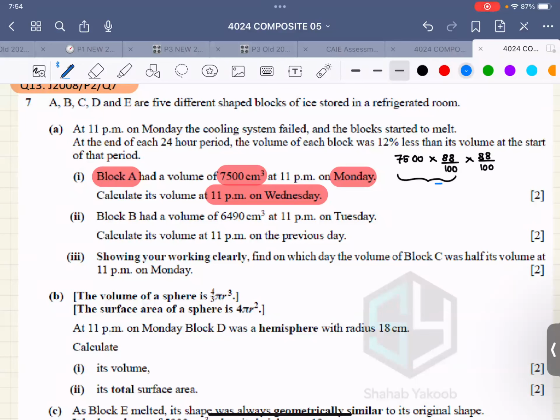This is till Tuesday, and this one is till Wednesday. When I use my calculator, this is 7,500 into 0.88 into 0.88. This answer is 5808 centimeter cubed. That is the answer for this part.